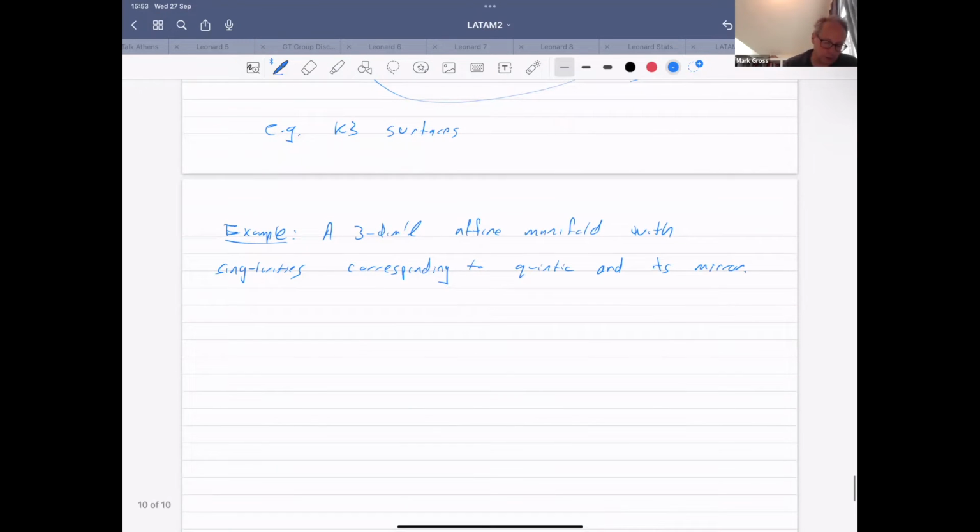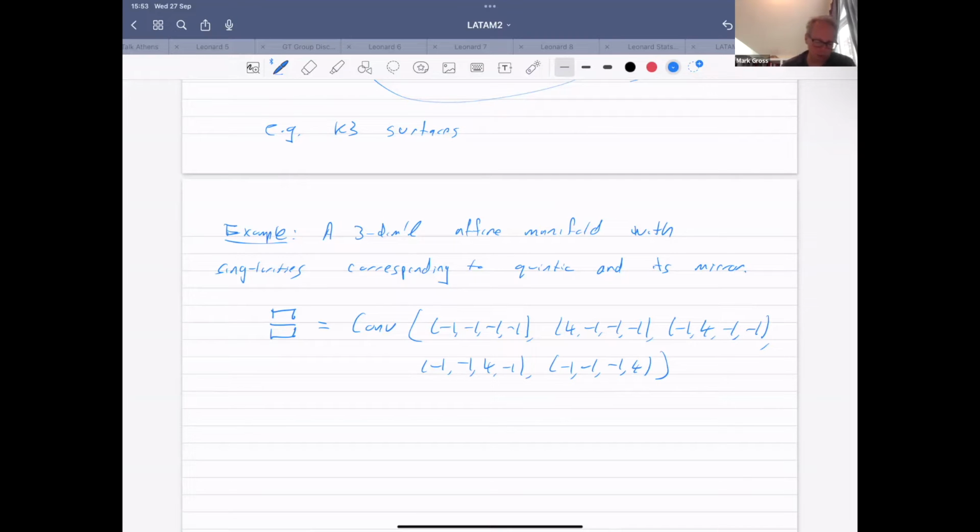Okay, so here's what I do. I'm going to take a polytope, which I'm going to use the Greek letter xi for because I'm saving delta for the bad locus of the affine manifold. This is going to be the convex hull of the points (-1,-1,-1,-1), (4,-1,-1,-1), (-1,4,-1,-1), (-1,-1,4,-1) and (-1,-1,-1,4).